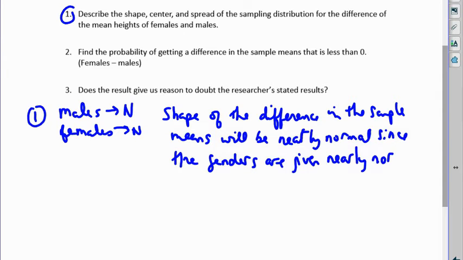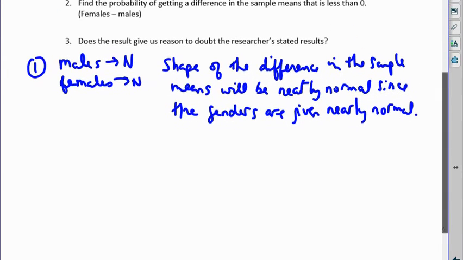So if you're nearly normal before, when you combine together, you are still nearly normal.